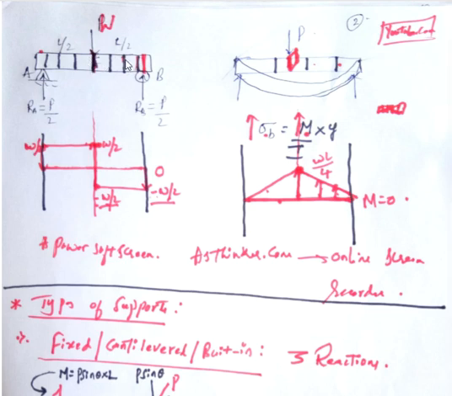Okay, for example, after applying this load W, whatever shear force is induced, that shear force will have different value at this section and it will have different value at this cross section. Similarly, it is going to have different value at this cross section, and it is going to have different value at all the cross sections along the length of the beam.